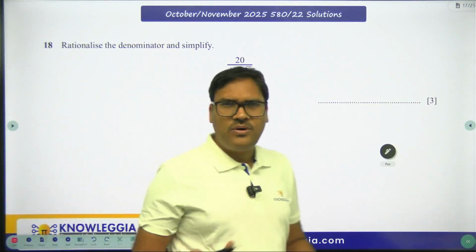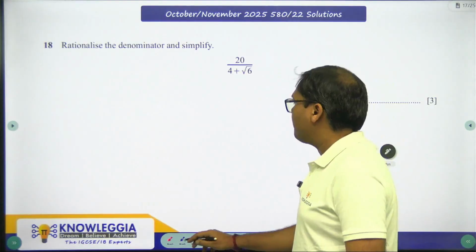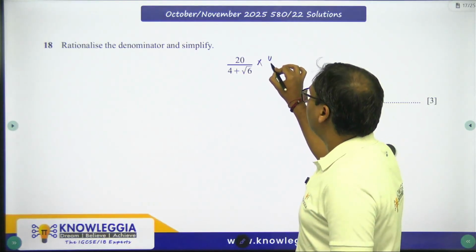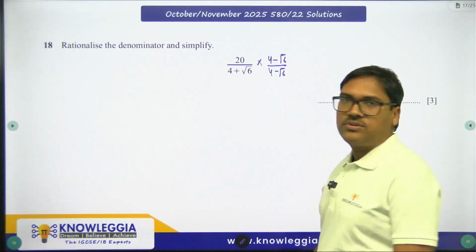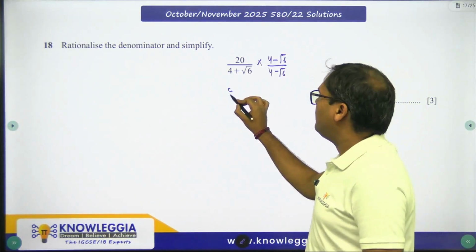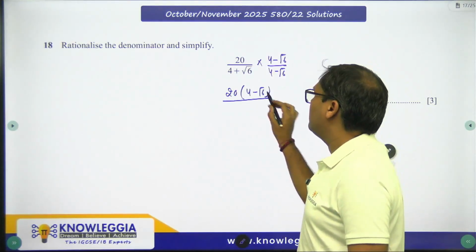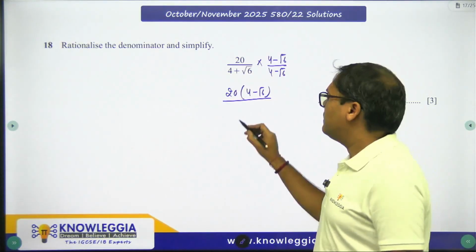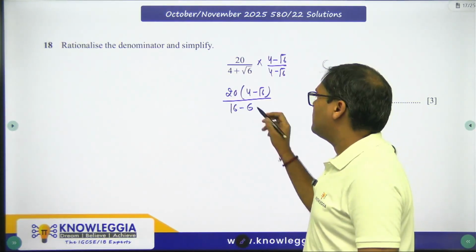Now rationalize the denominator. Again, a very standard question. If you have to rationalize, you will multiply by 4 minus root 6 and divide by 4 minus root 6. So this will become 2 times (4 minus root 6) upon a plus b into a minus b, this is 16, a square, that is 4 square, minus root 6 square, which is 6.